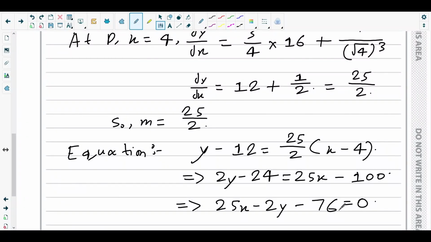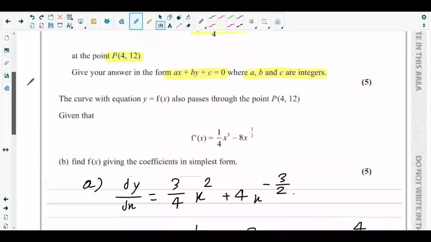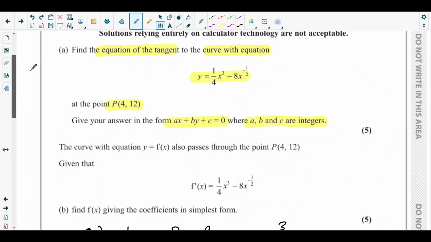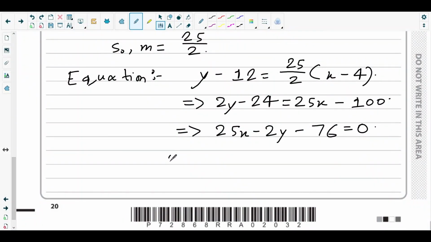So this is basically the equation of the tangent to the curve at the point P. We have got the equation in the form ax plus by plus c, so a is 25, b is negative 2, and c is negative 76. That's it.